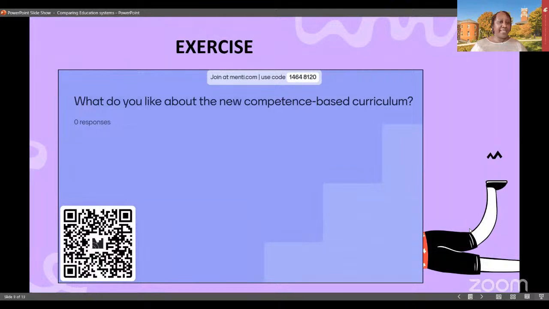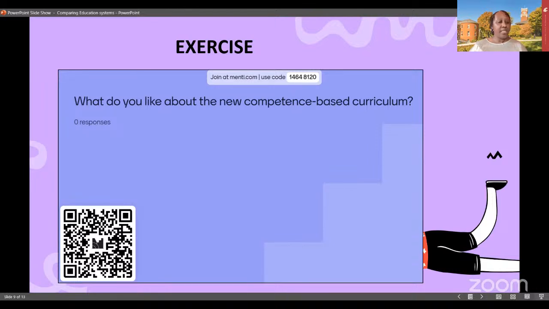Here comes the exercise. So the exercise, if you click the link, the question is, what do you like about the new competence-based curriculum? And the way to go there is you click that link that I put in the chat earlier. If someone can help me copy and post it again, because I know people who joined after I posted that will not see the link, and that's the easiest.